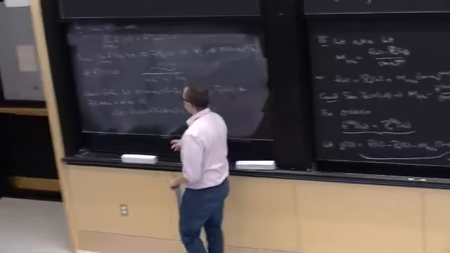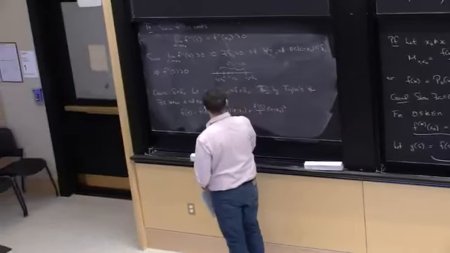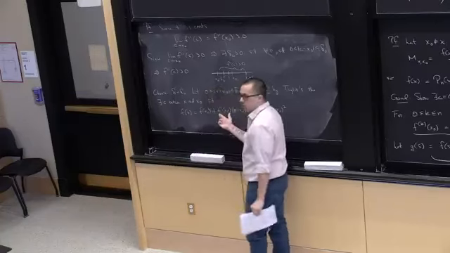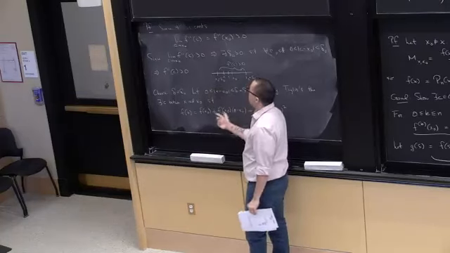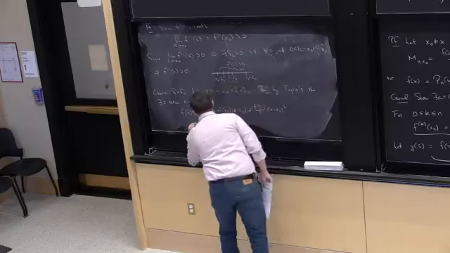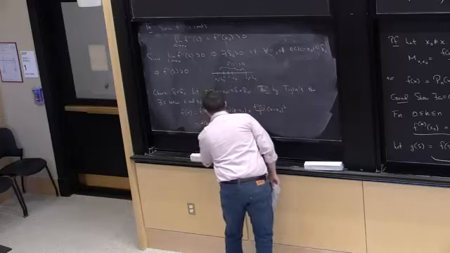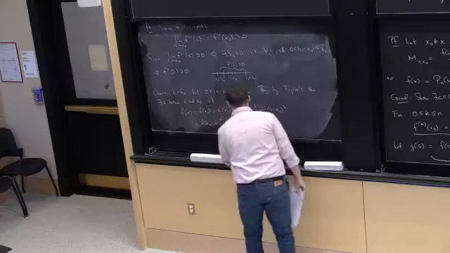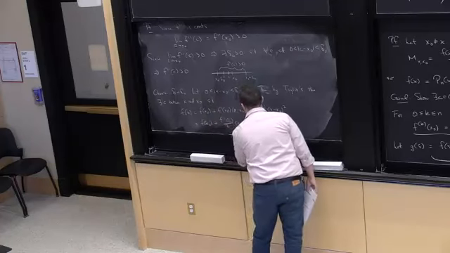Now, at x0, the derivative is assumed to be 0, right? We're assuming the derivative vanishes at x0, and the second derivative is positive there, so this equals f of x0 plus f double prime of c over 2 times x minus x0 squared.